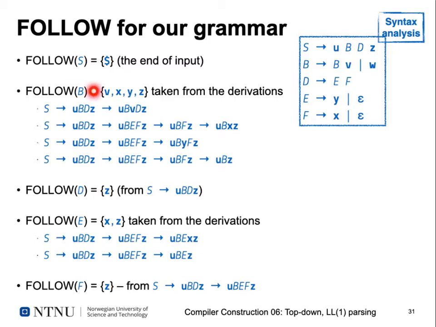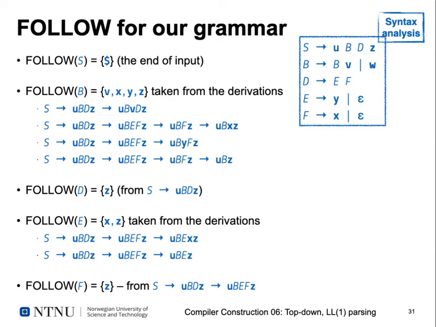Now let's take a look at follow of B. So the first rule where B appears is the first rule here. So S derives U, non-terminal B, non-terminal D, Z. And here, for our first rule, we can go down and use the first production here. So from non-terminal B, we resolve non-terminal B and terminal symbol V. And then we have something else.